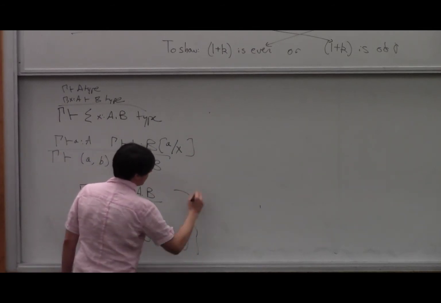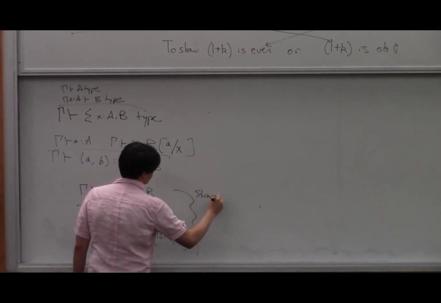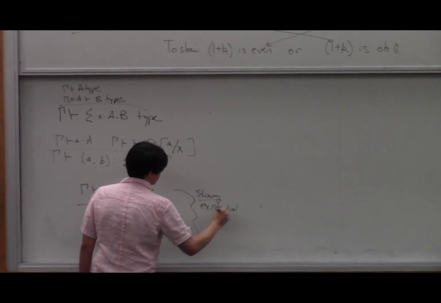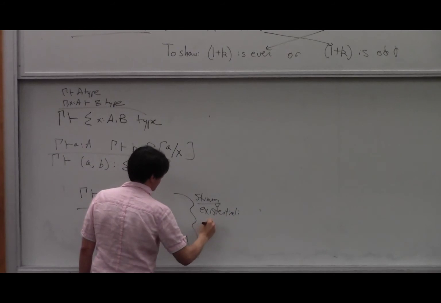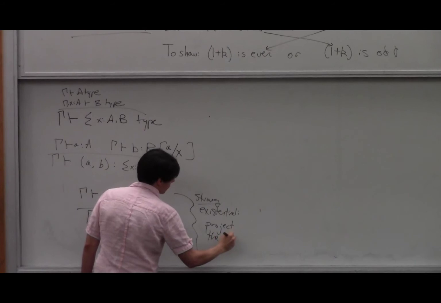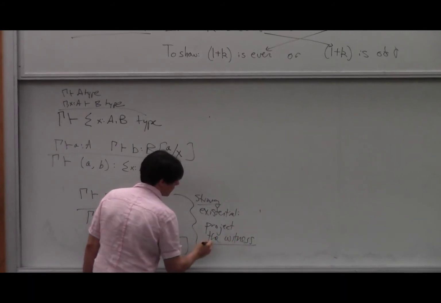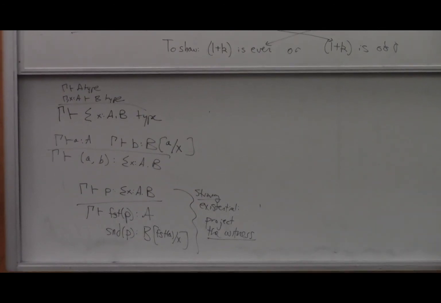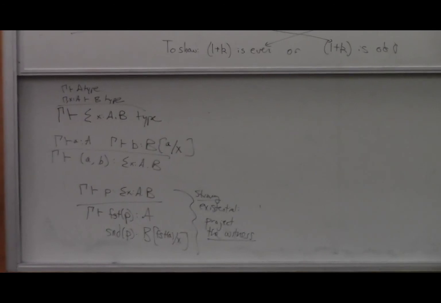So this is a very strong existential because you can project the witness. Okay? So what this is saying is there exists an A such that this holds, but we're somehow committing to the fact that the witness for that existential is really sitting right there, and we can get our hands on it whenever we want.